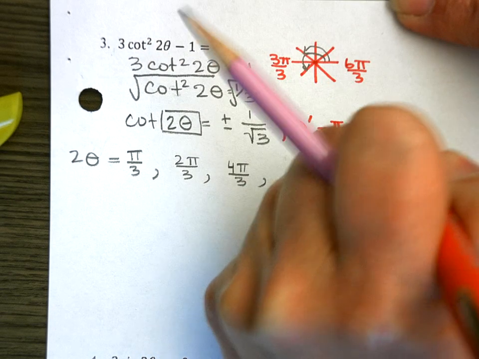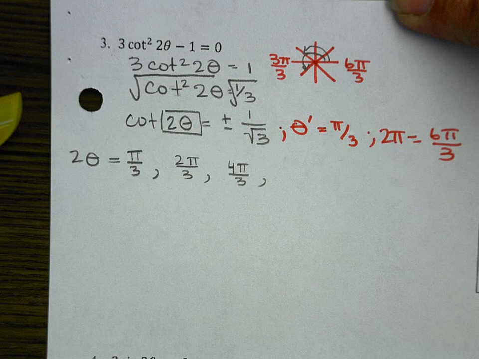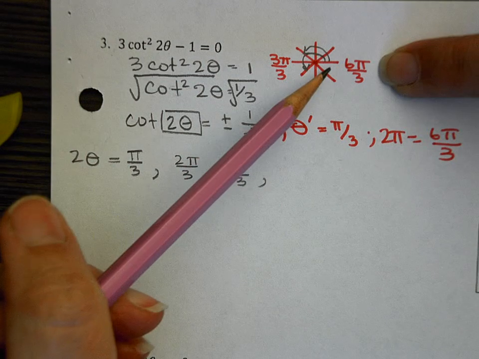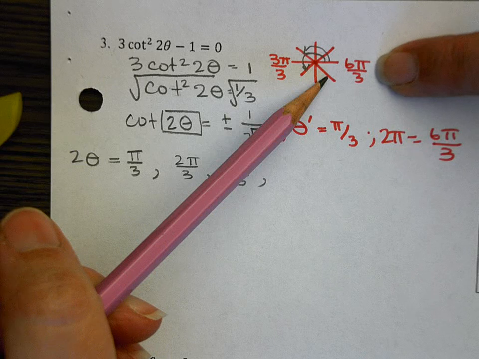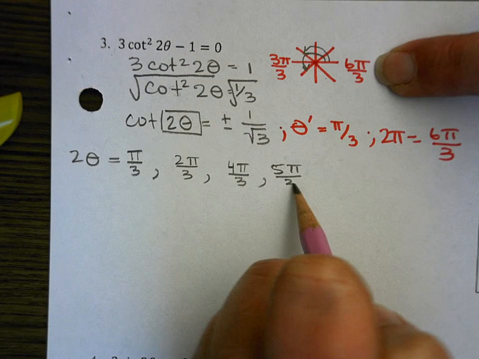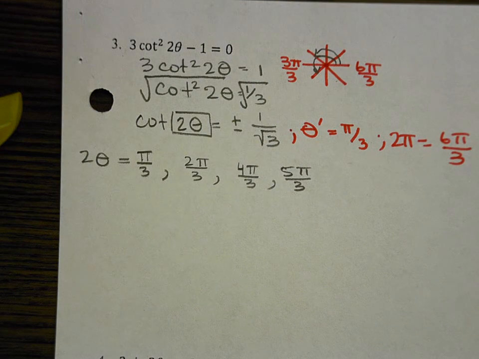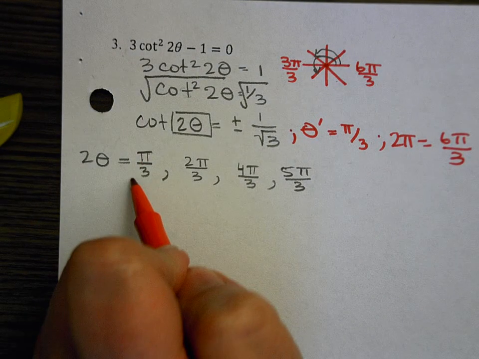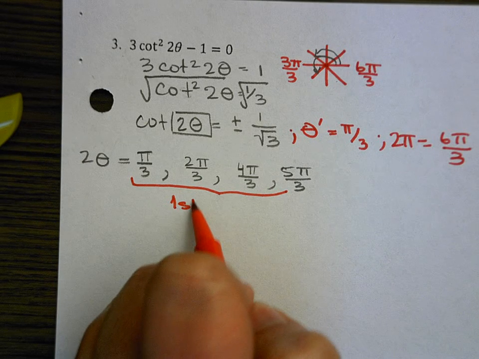So let me write that over here. So for the 6 pi over 3, to get into quadrant 4, I stop before I get to 6 pi over 3. So the number right before that would be 5 pi over 3. So that's just my first rotation, right? So I have 4 answers in my first rotation because of that, plus or minus.